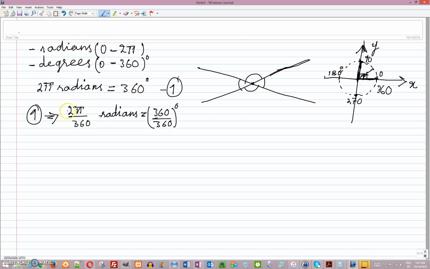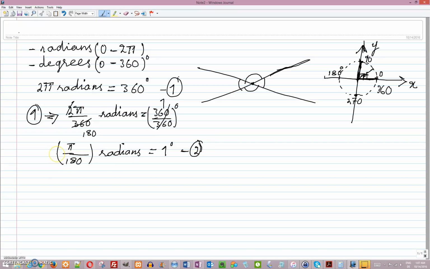You can simplify this by dividing by 2. Dividing by 2, you get 180, and then this would be 1. So pi by 180 radians would be equal to 1 degree. So this is equation number 2. You can use it in conversion.